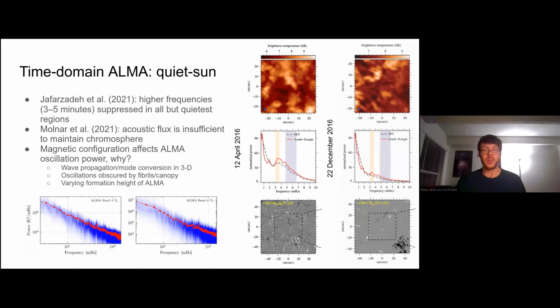But in the quiet sun, it's a little bit more tricky because except for really quiet regions, previous studies suggest that these oscillations tend to be either obscured or otherwise suppressed by the structure of the magnetic canopy, where you have these tangential components to the magnetic field.